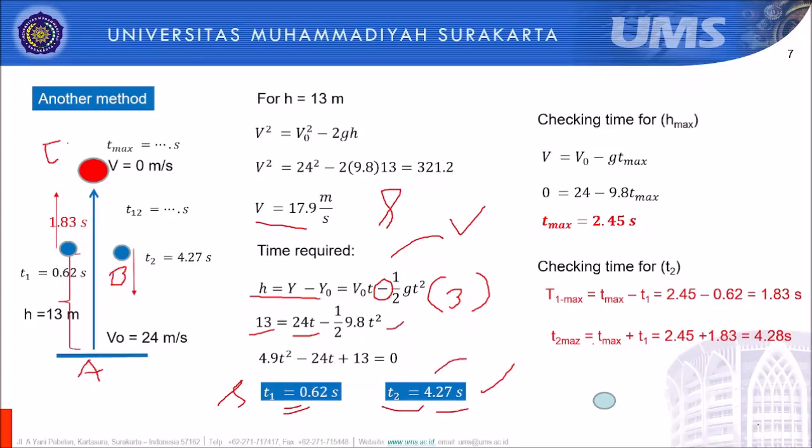What's the meaning of this second value? Because this is vertical movement, when this stone or ball moves until it reaches point B, then we proceed to C. At point B, the first time is 0.62, and then it proceeds till the maximum point.